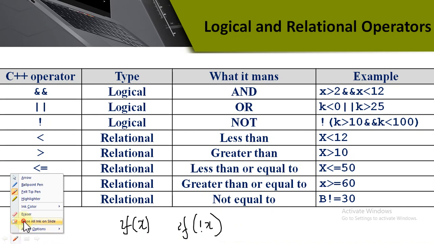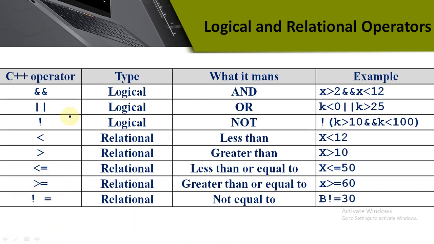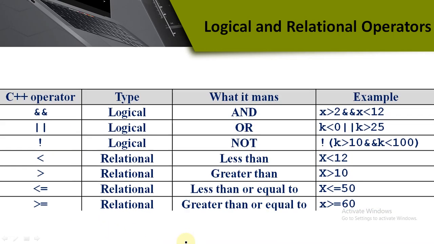That means if x equal to 0. That's all. And here logical OR: if a equal to b, if side 1 equal to side 2, or side 2 equal to side 3, it should be an isosceles triangle. If side 1 equal to side 2 and side 2 equal to side 3, then it should be an equilateral triangle. So there are many occasions wherein more than one relational expression is to be logically combined. In such cases we use logical operators.